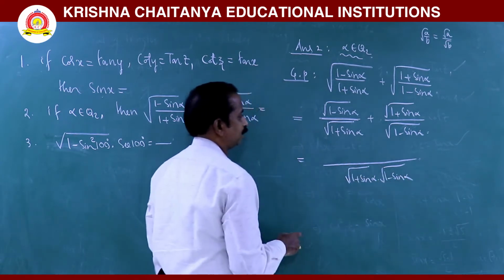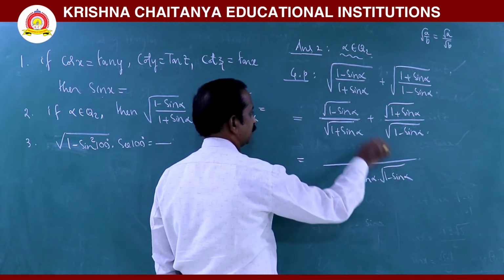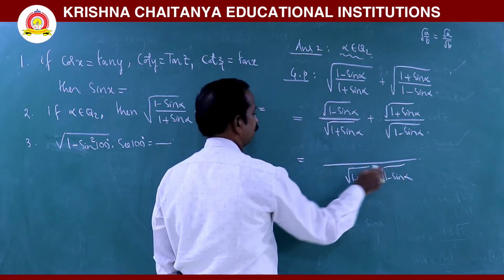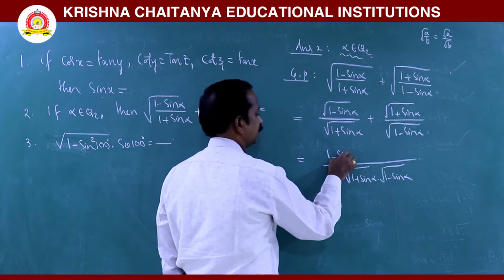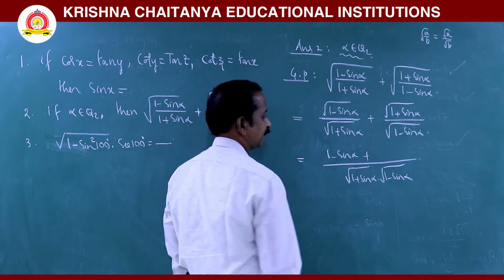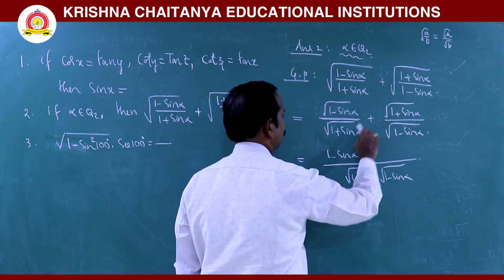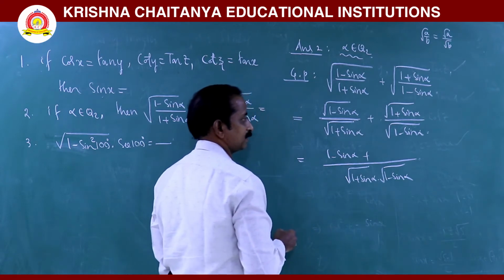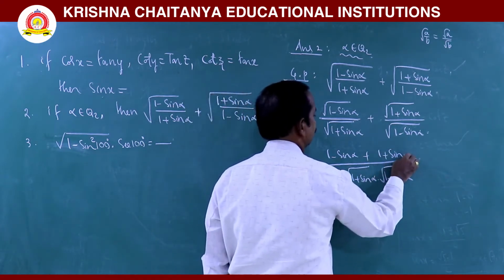After taking the LCM, it becomes root 1 minus sin alpha into root 1 minus sin alpha, root of (1 minus sin alpha) whole square, which is nothing but 1 minus sin alpha. Root 1 plus sin alpha into root 1 plus sin alpha, root of (1 plus sin alpha) whole square, is nothing but 1 plus sin alpha.